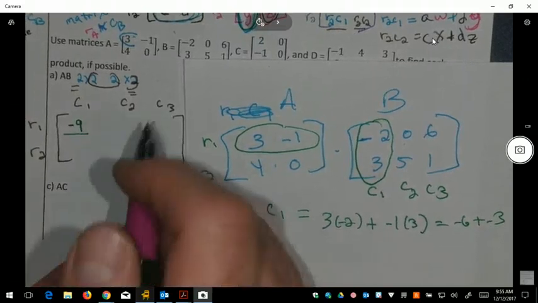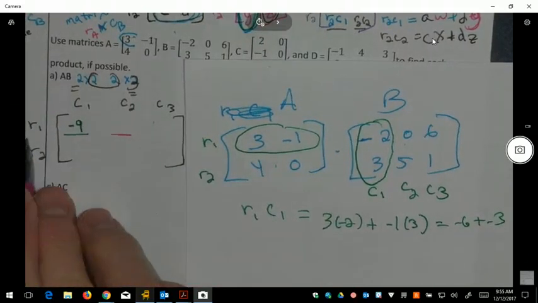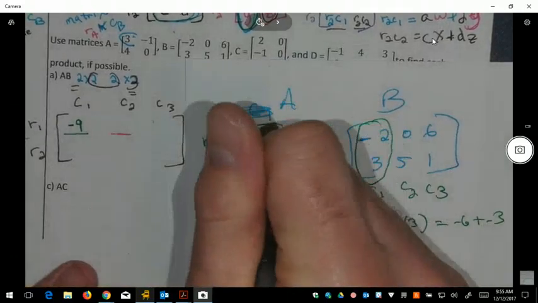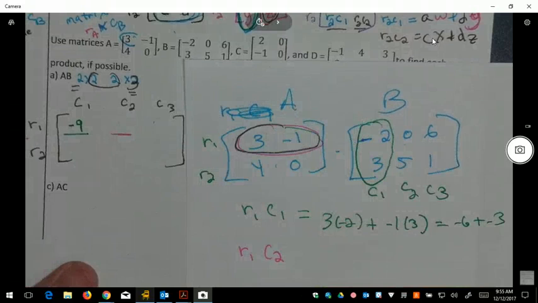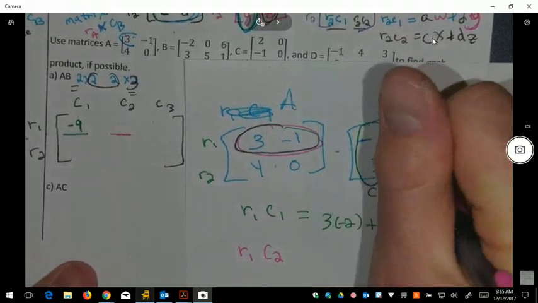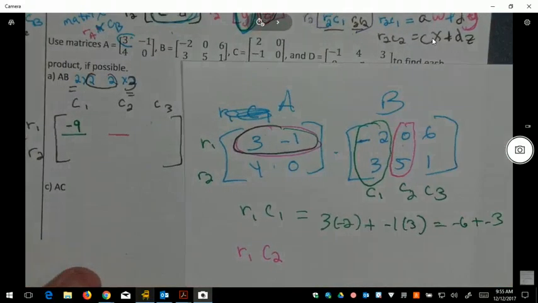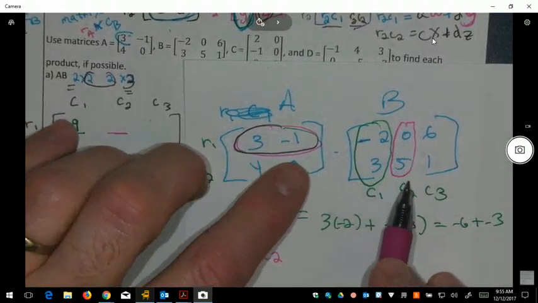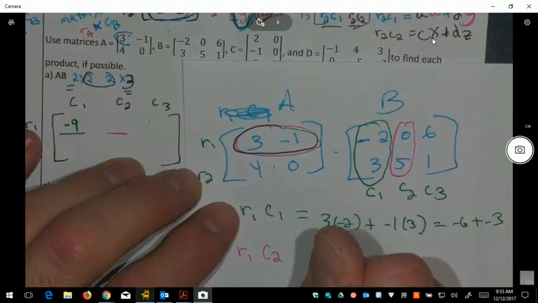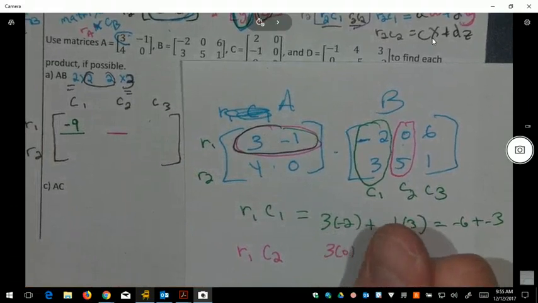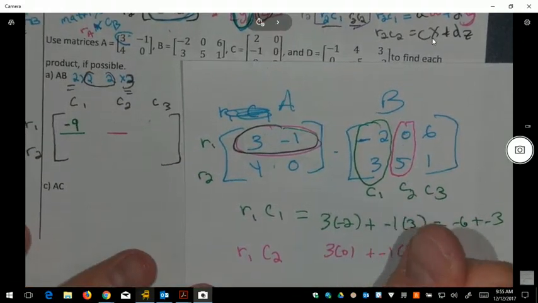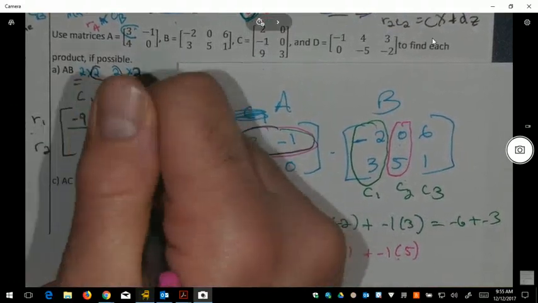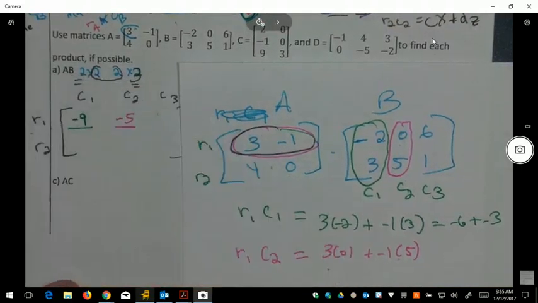My next element is going to be at row 1, column 2. So again, I'm going to use the row 1 elements from matrix A, but now I'm using the column 2 elements from matrix B. So 3 times 0, -1 times 5. So that's 0 plus -5, which is -5.